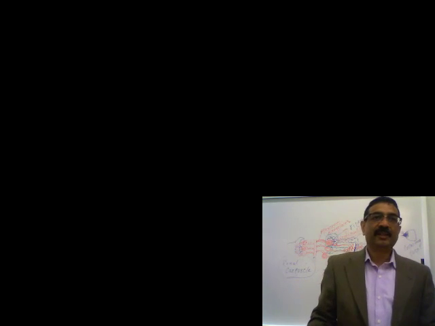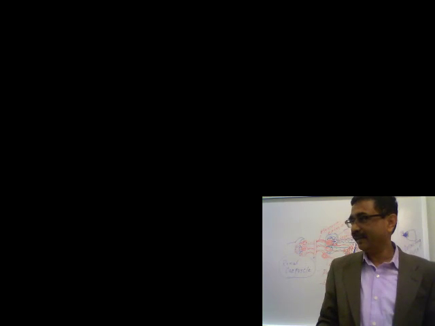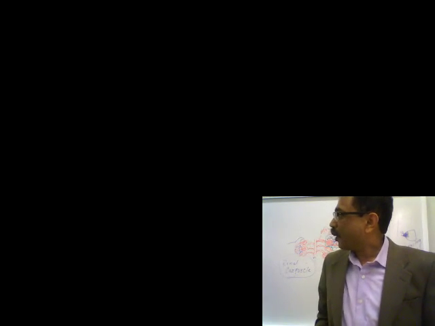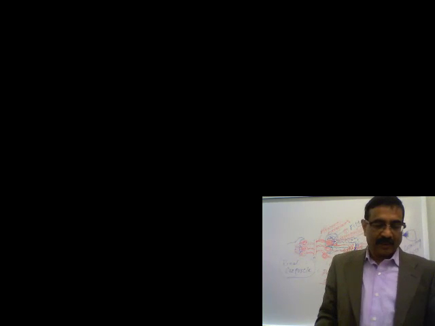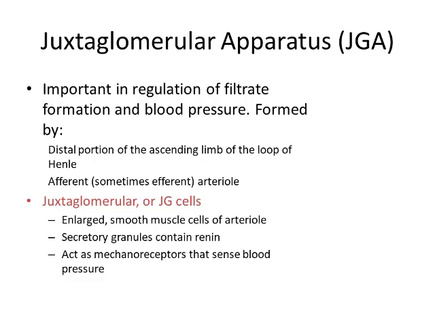Okay, now we will see another structure that is called the Juxtaglomerular Apparatus, or JGA. Very important. Why? Because renin, you remember when I talked about the functions of the kidneys, I said endocrine function, two chemicals are produced: renin, which regulates the blood pressure, and erythropoietin, which stimulates the bone marrow to produce red blood cells.